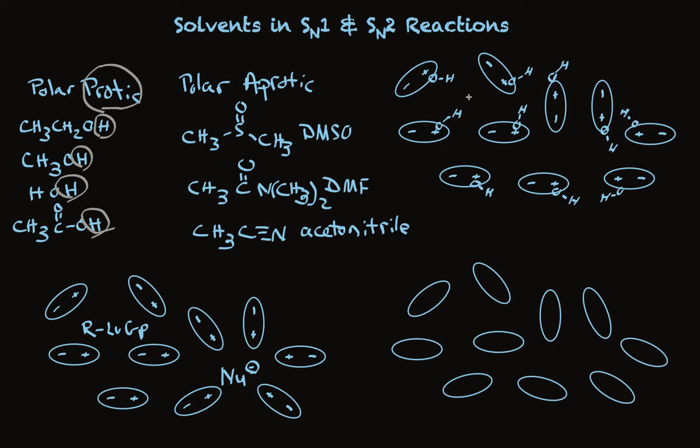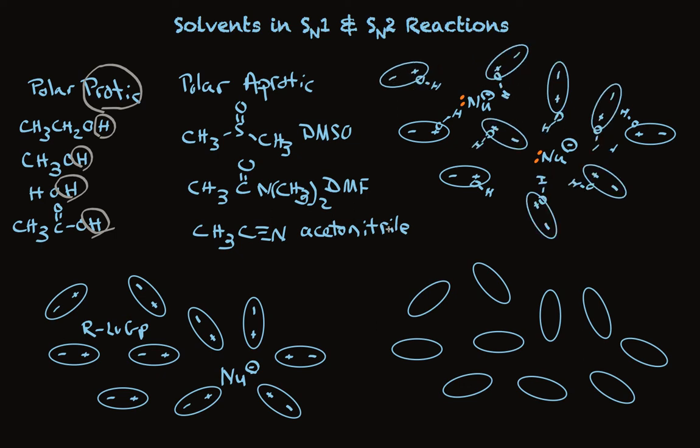Take a look. When we put a nucleophile with a negative charge, and those nucleophiles have a pair of electrons, the solvent molecules will reorient themselves to stabilize that negative charge, like we've seen already, but with hydrogen bonding. So in addition to the orientations like this, there's true hydrogen bonding.